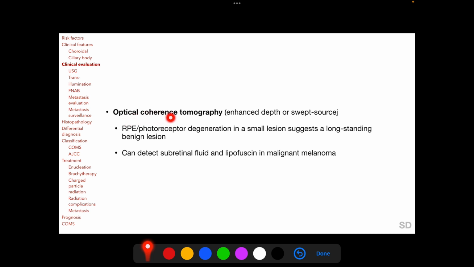Optical coherence tomography, particularly enhanced depth or swept source OCT, can detect RPE or photoreceptor degeneration in a long-standing benign lesion, and in a malignant lesion it can also detect even a small quantity of subretinal fluid and also lipofuscin.